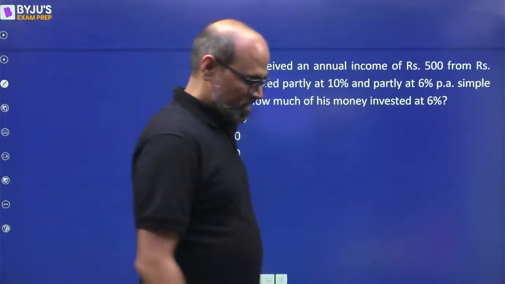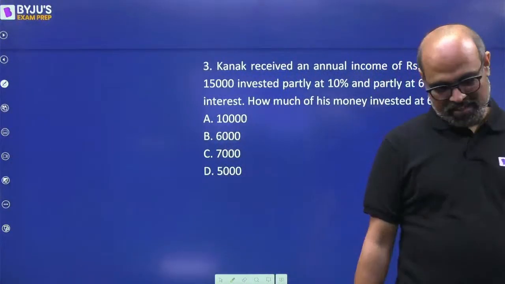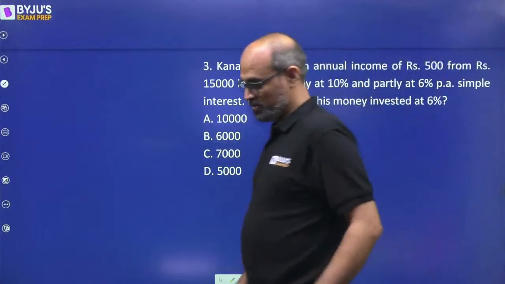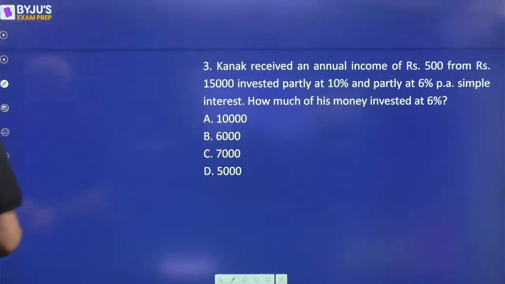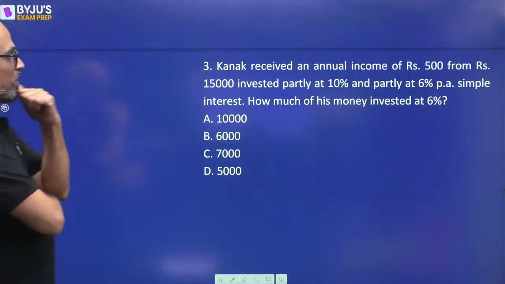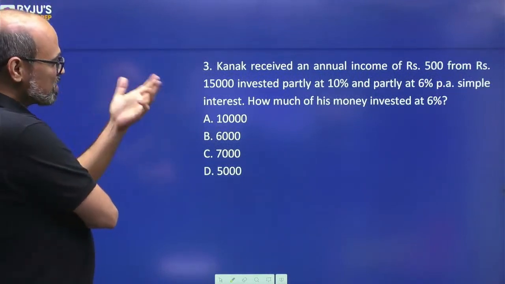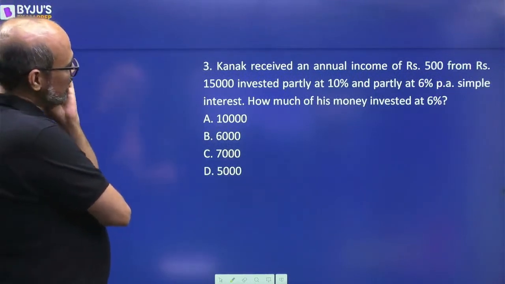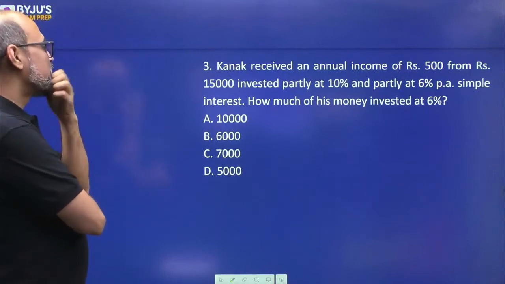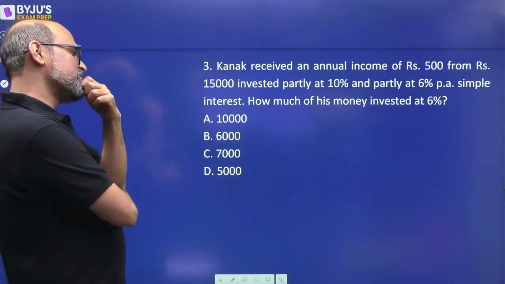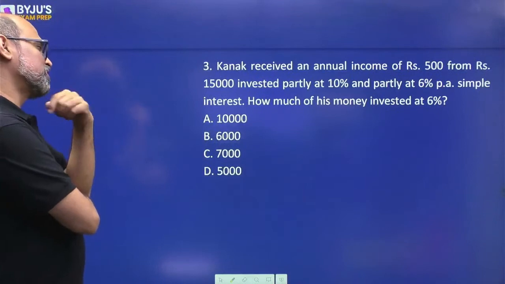That 500 is again an issue because 500 is a percentage of 15,000, right? So 10% is 1,500. 500 is just 3.33%. The average cannot be that low, right? So how much of his money is invested at 6%? 3.33 it will not be.